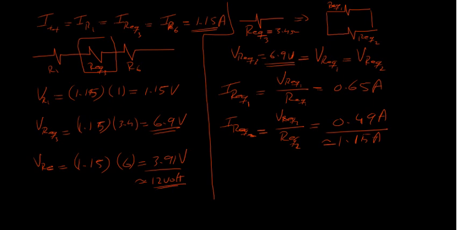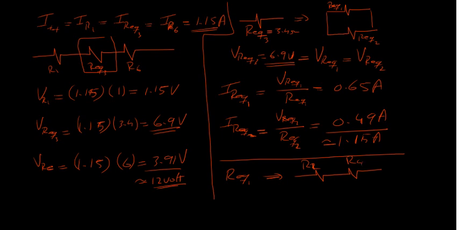Okay, so now I know how much is the voltage across R equivalent 1 and R equivalent 2, and the current going through each branch of these two. All right, now the next step is to expand each one of these. R equivalent 1 is originally coming from the series combination of resistor 2 and resistor 4.